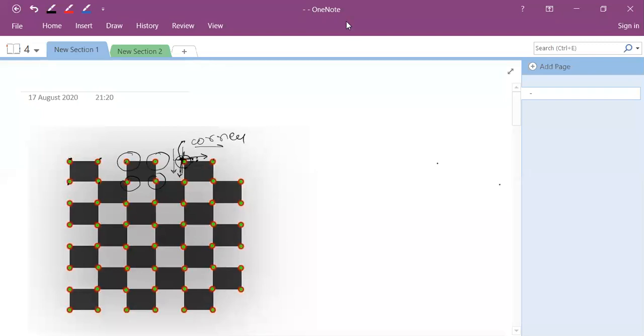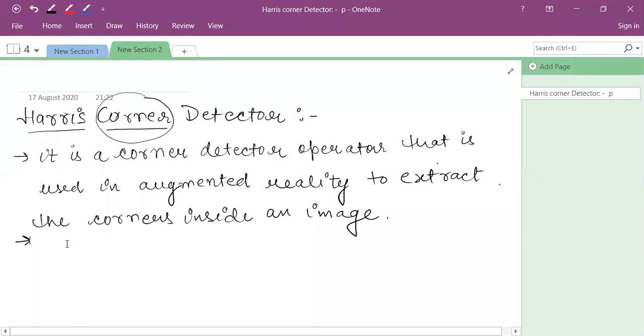I will write the definition also. This is the diagrammatic explanation only.